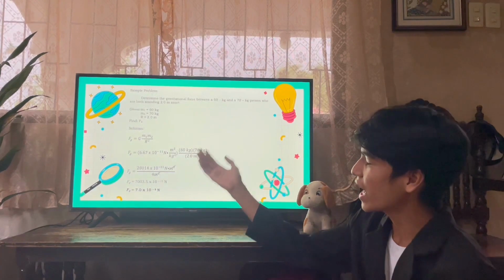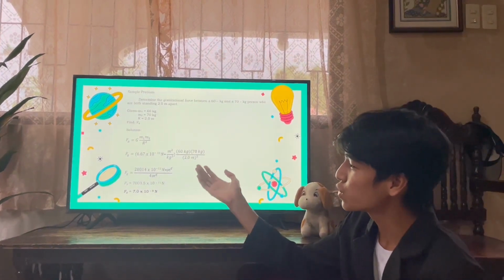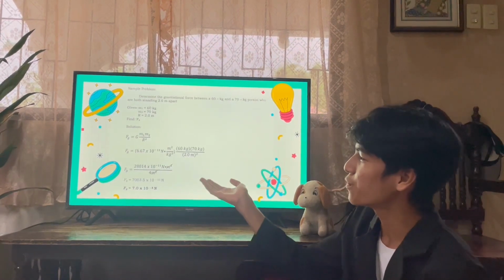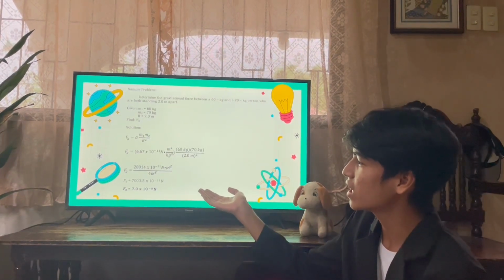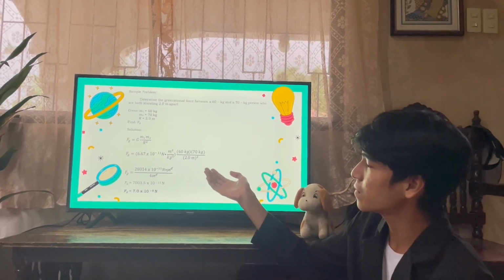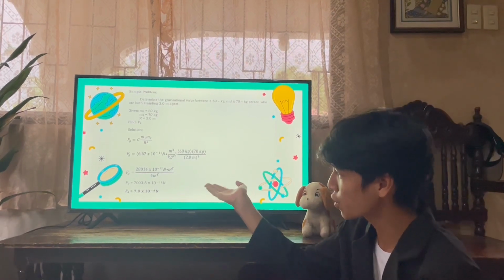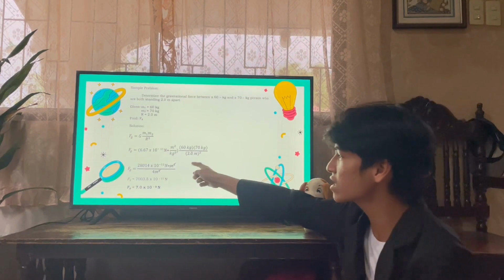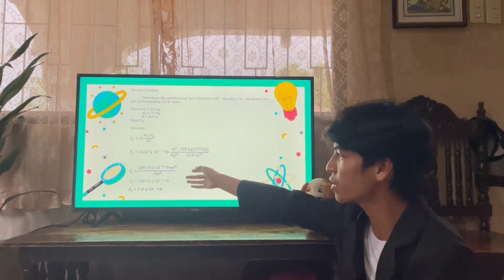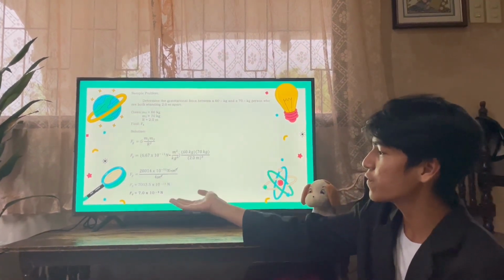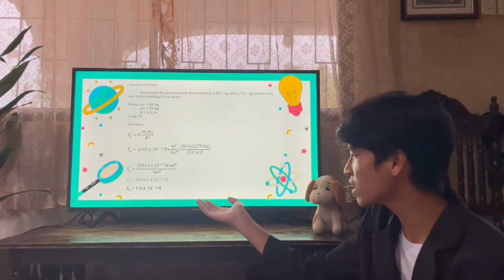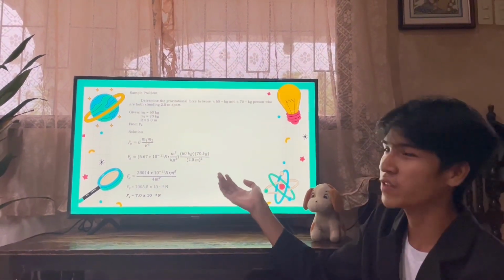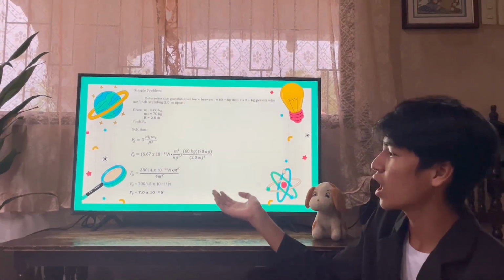Now, F_g is equal to 28,014 × 10^-11 N·m² all over 4 m². Now we cancel the m², so we are left with F_g equal to 7,003.5 × 10^-11 newtons.